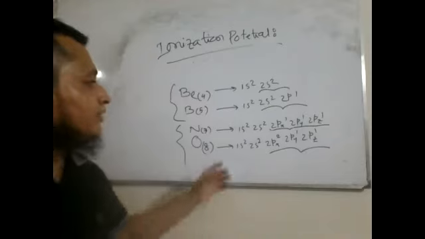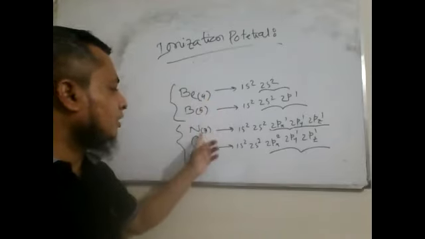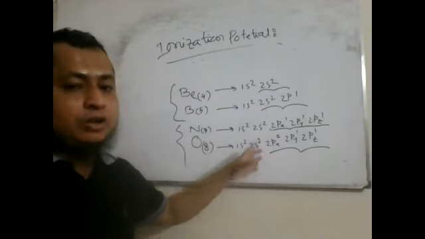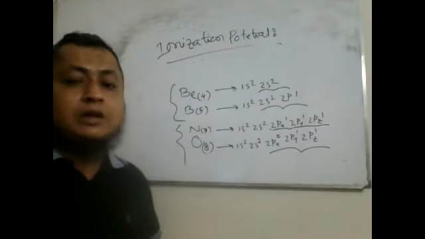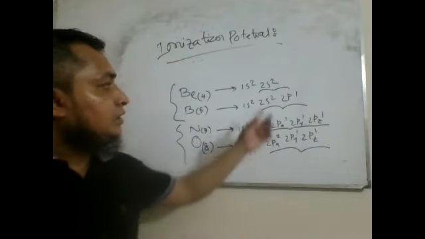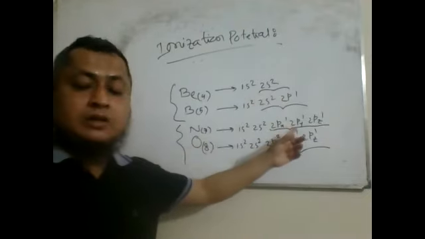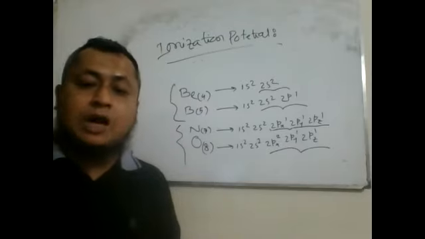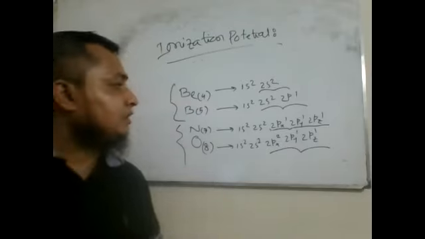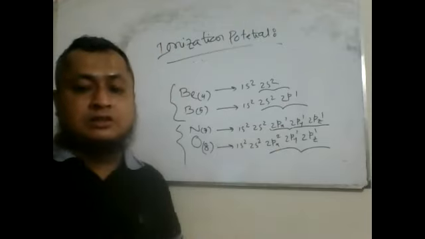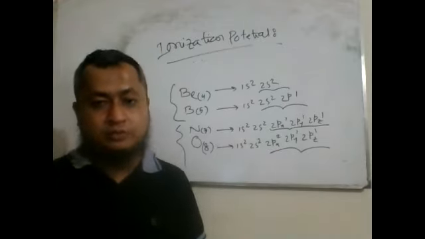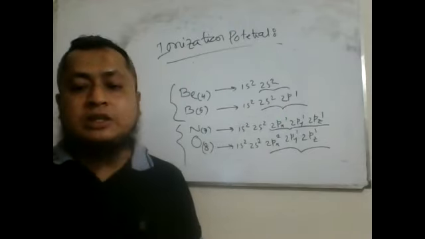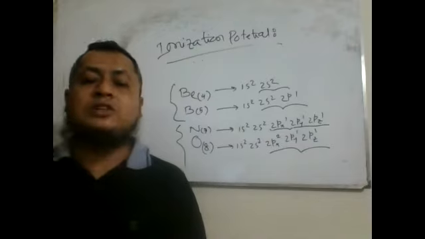That means we have seen that in the case of beryllium and boron, nitrogen and oxygen, the exception depends on the electronic configuration of the elements. If it is half-filled or full-filled, it is very difficult to release an electron from the orbitals. But if it is partially filled, then it is easy to release electrons because these electrons will be loosely bound.